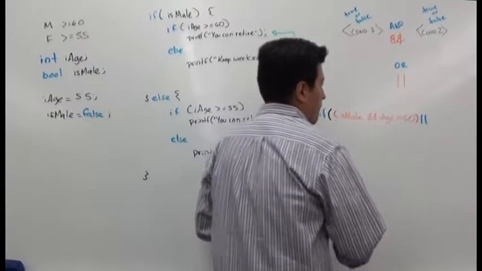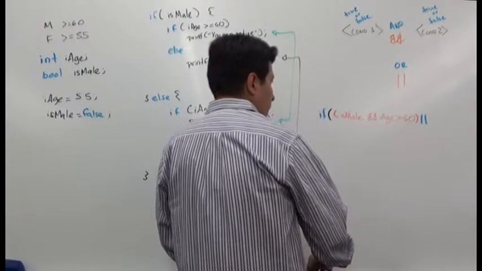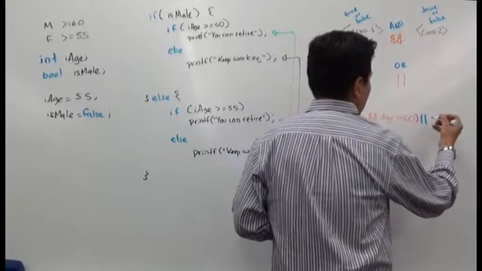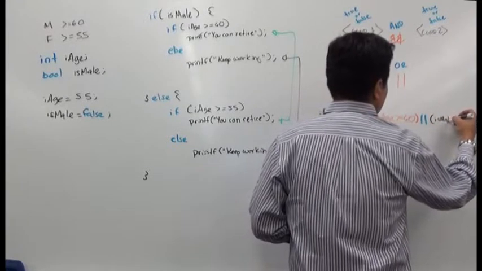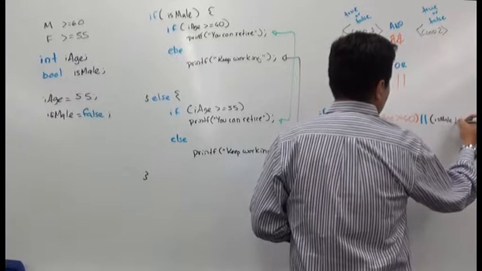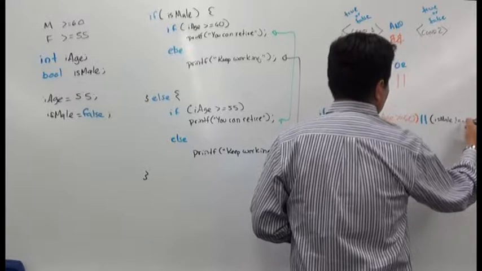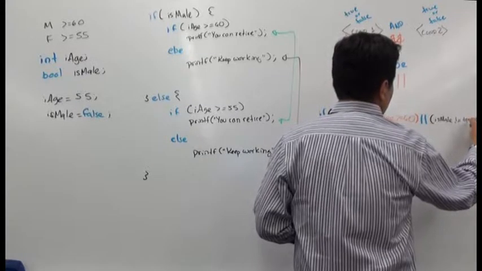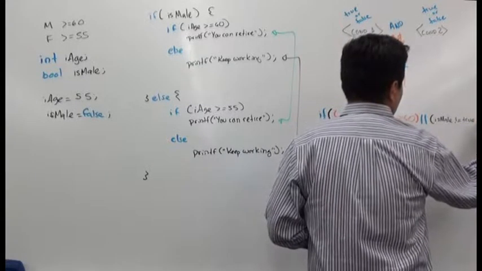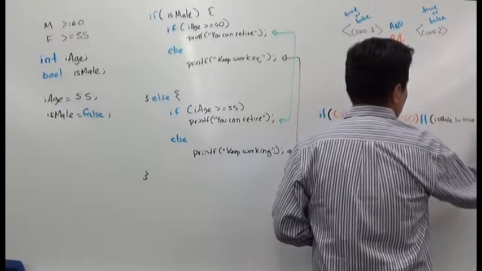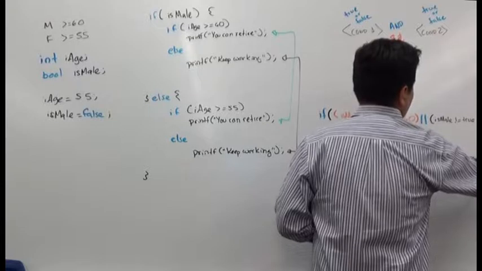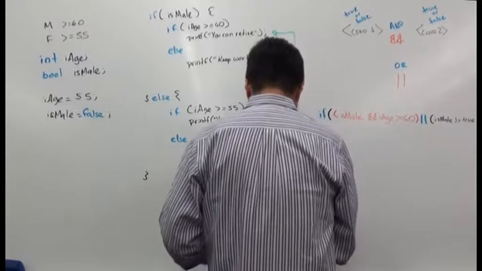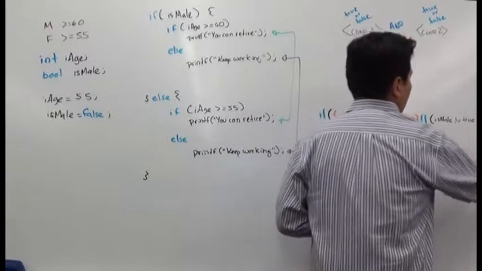I could say, listen, I could say is male equals, it's not true, I guess, it's false is the same, and age greater than 55, and then this person can retire.